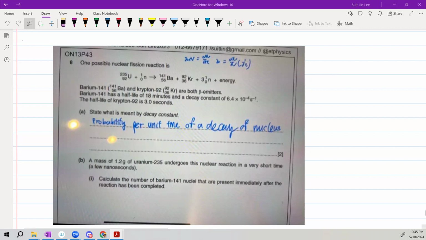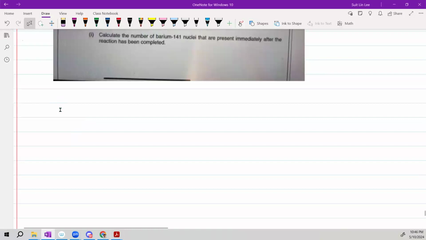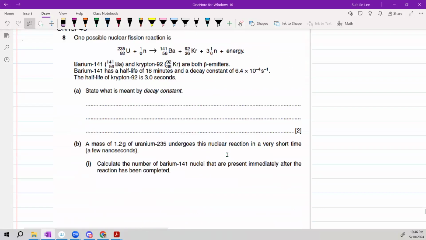This one is probably using the mole concept. Crop the question. Let me try to understand your question.